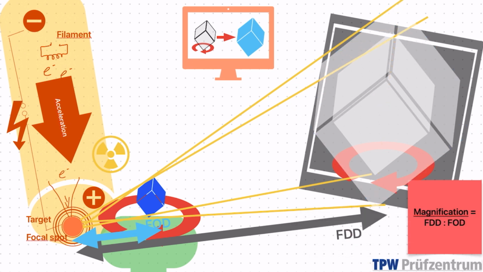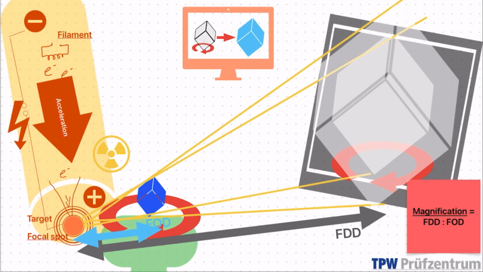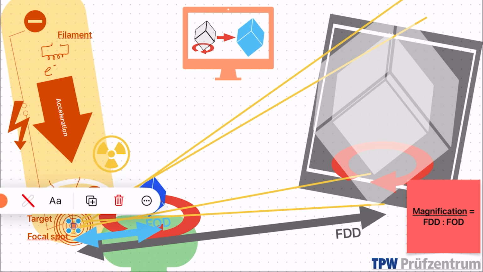Switching back to a lower voltage is no option in this case because we need high energy X-rays to penetrate the dense sample material. So the only option in this scenario is to lower the X-ray tube power by lowering the electron current in the tube, which also will result in a smaller focal spot again.